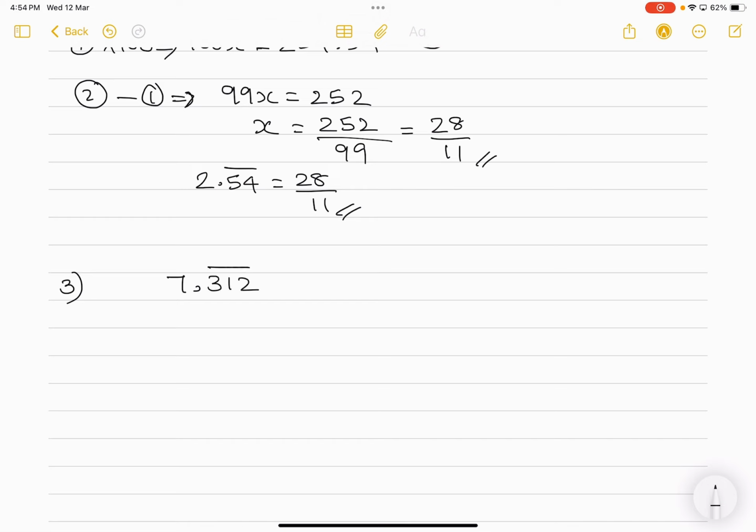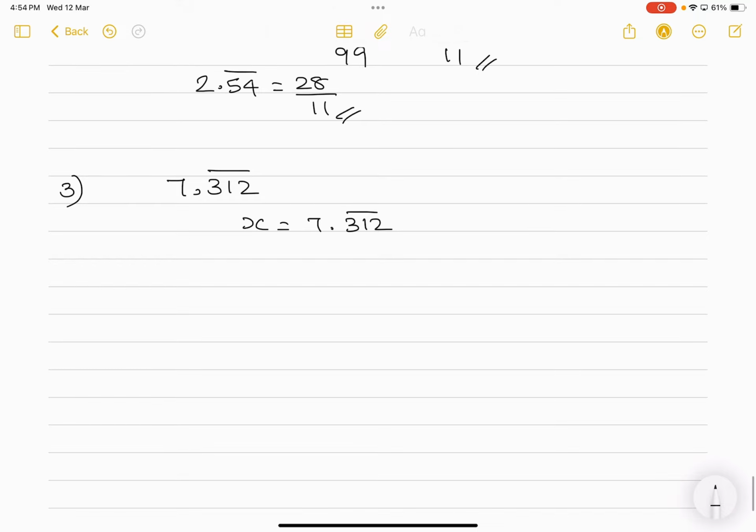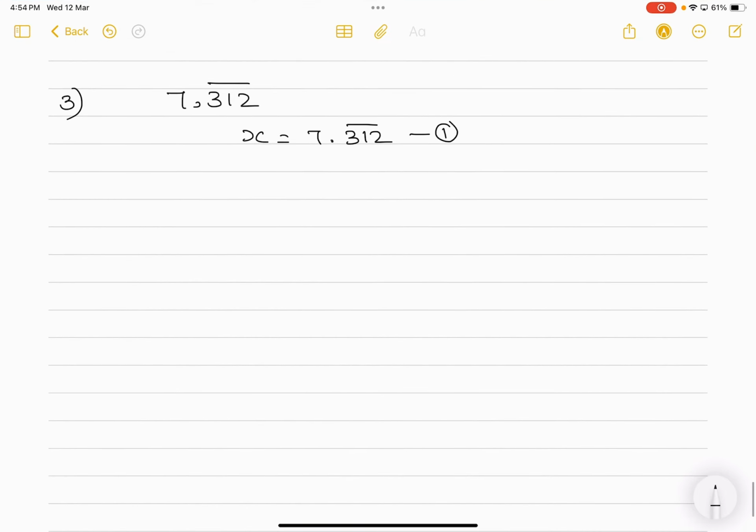7.312 bar. Same as the previous question. Can you complete? With what will you multiply? 1000. Very good.